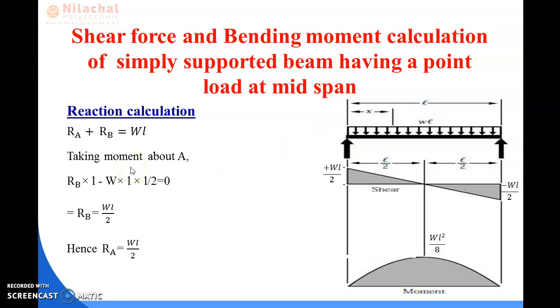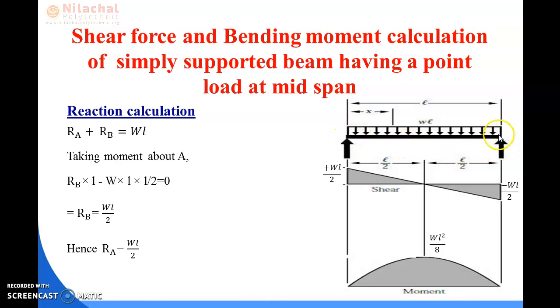So first of all, if we consider the point A, we need to see at the right side of the section and what are the forces acting here, and to calculate the value of RA and RB, we need to put all these value here.